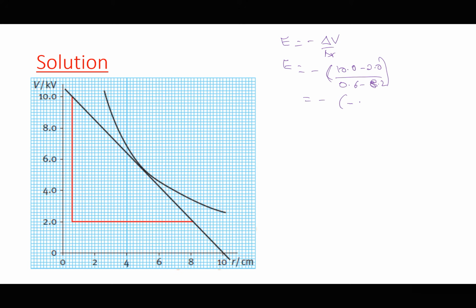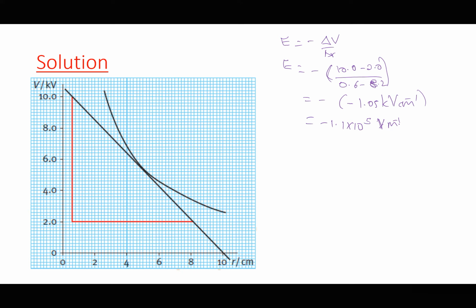Note that I've not converted; this is kilovolts per centimeter. So if I convert, this will be negative 1.1 times 10 power 5 volts. I've just rounded this off to 1.1. So this will now be volts per meter.